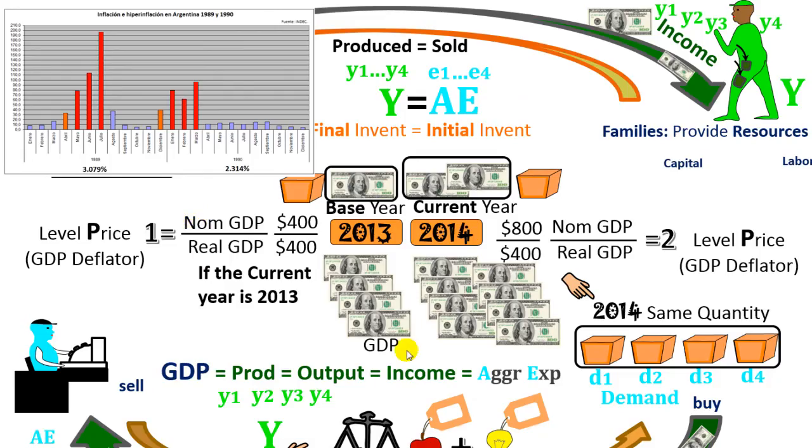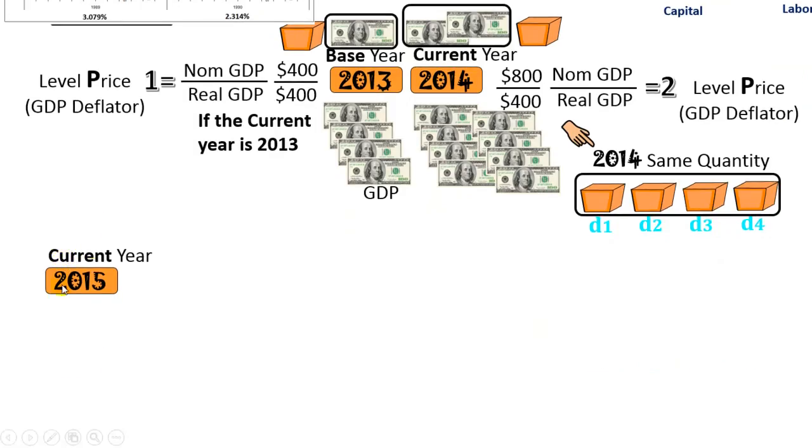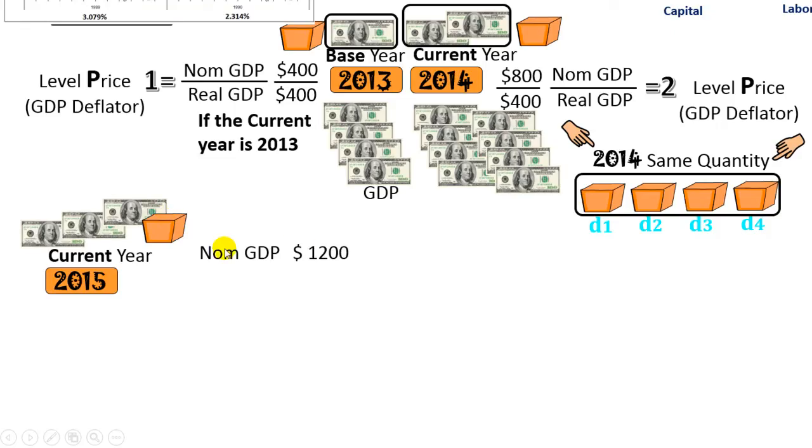And finally, let's assume that next year, 2015, is the current year, and the quantity is the same, but one box, which represents the prices of all goods and services, is $300. So the nominal GDP is 4 times 300, 1,200, and the real GDP is quantity times prices in the base year, so 4 times 100 is 400.